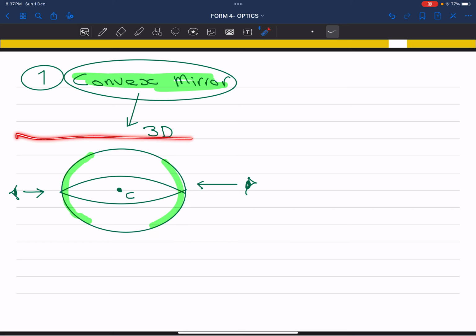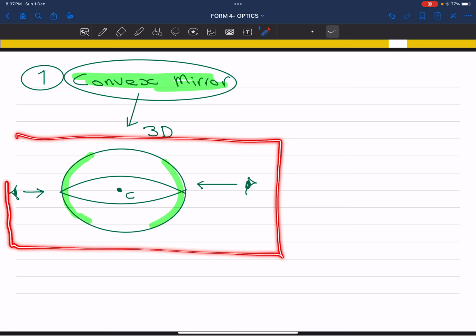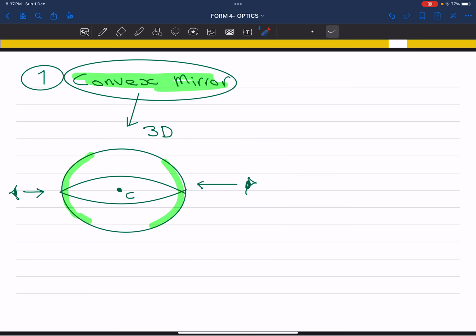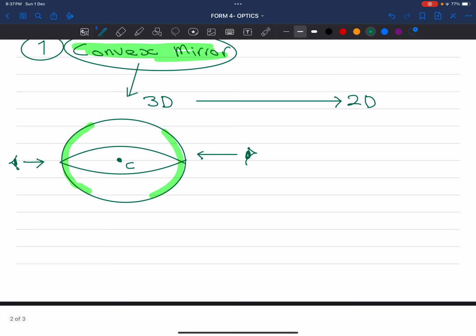And this convex mirror, which came from a sphere, I'm going to draw this in 2 dimensions. I'm going to take the right hand side. So now the convex mirror will look as part of a circle.